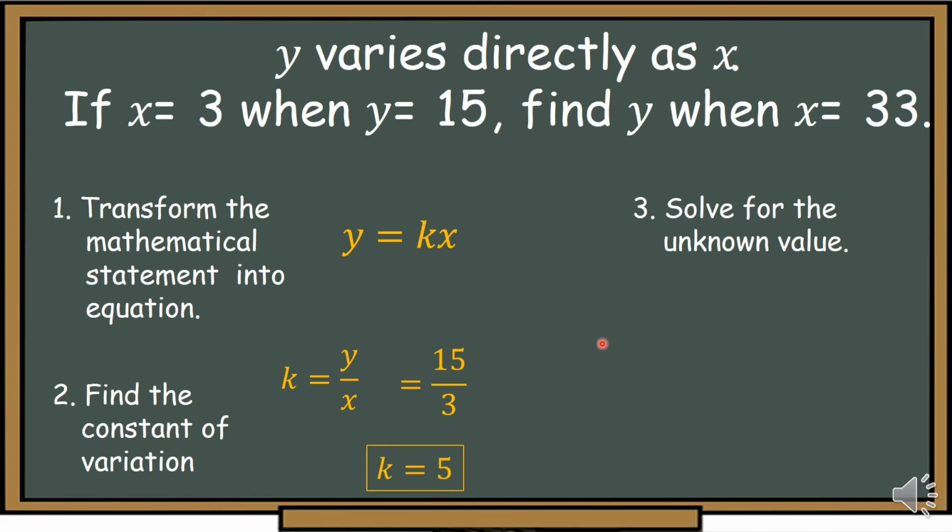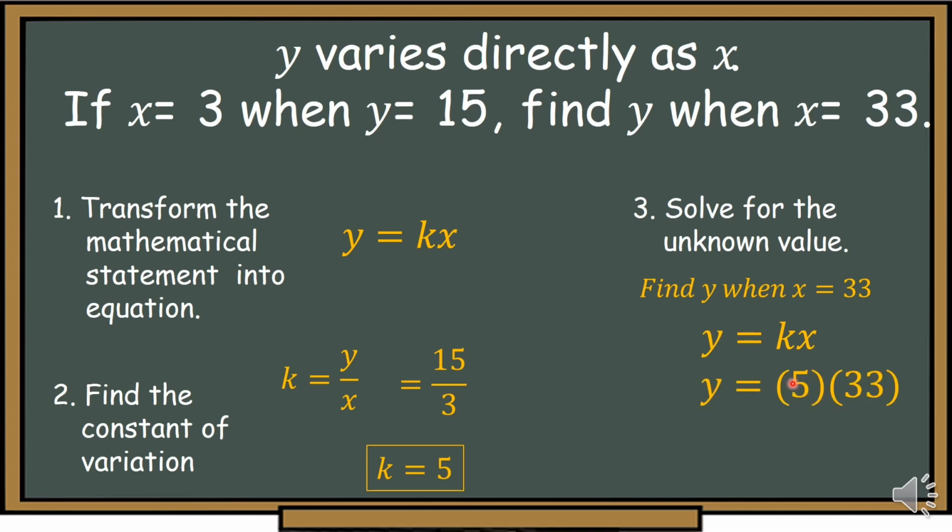Third step, since we are asked to find y when x is equal to 33 and given the value of k which is 5, using the original equation y equals kx, we substitute the values of x and k. The equation becomes y equals 5 times 33, and then y is equal to 165. Y is 165 when x is equal to 33.